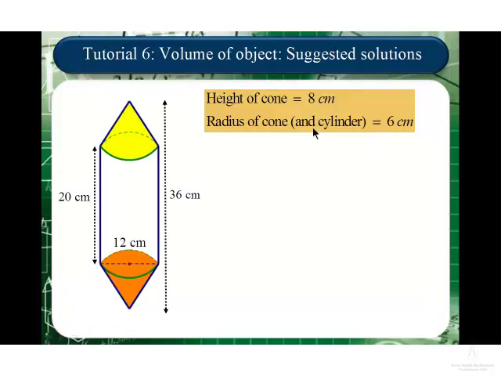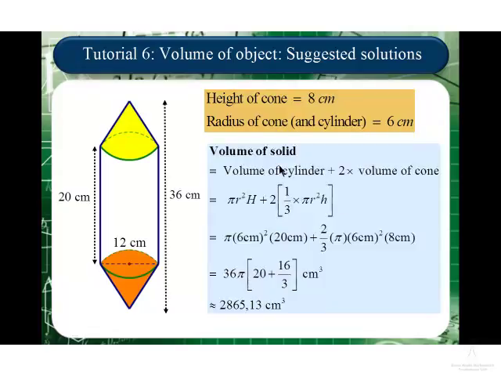In both cases it will be 8 centimeters. These are two identical cones. The bottom cone is just placed upside down, and the top cone as indicated. So the height of each of these two cones will be 8 centimeters. The radius of the cone, and the cylinder for that matter, will be half the diameter, which is 6 centimeters.